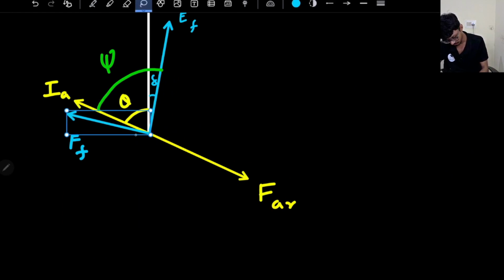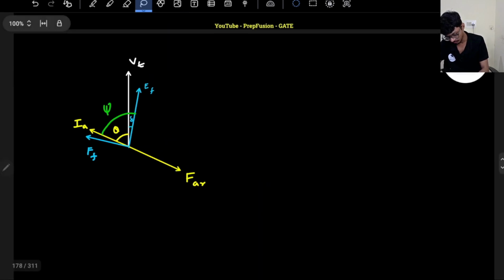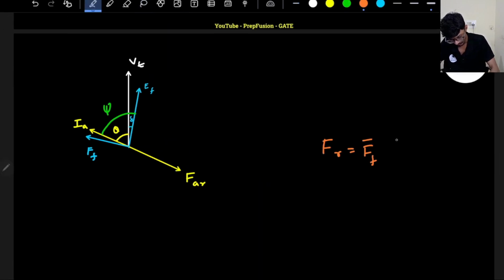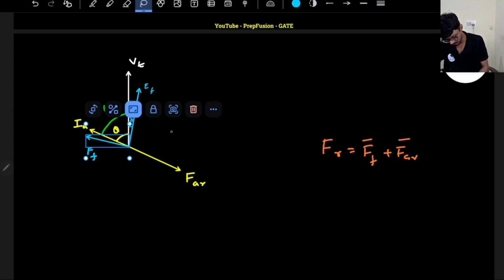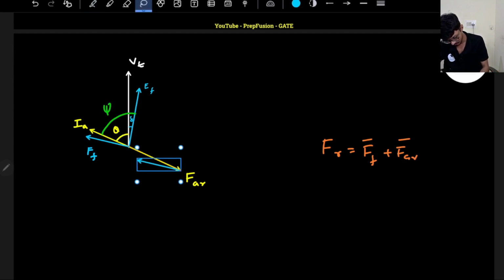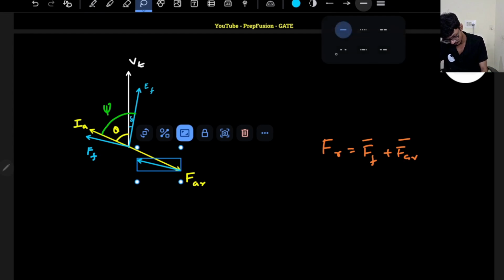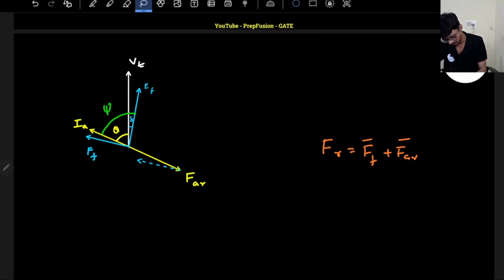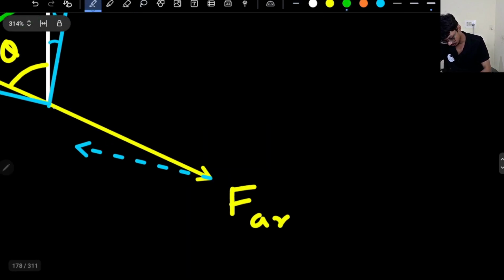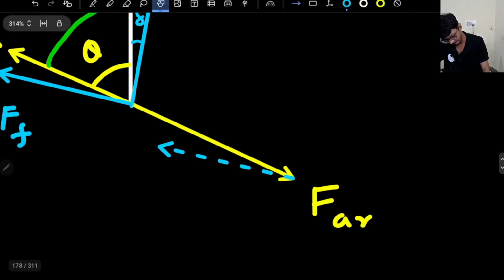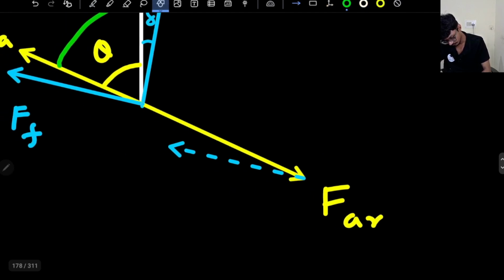If I want to add, the resultant flux will be FF plus FAR. If I add these things, I will get my FR. This will be my FR.